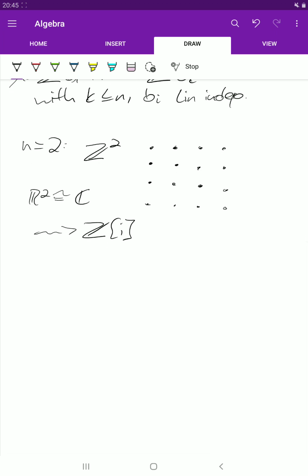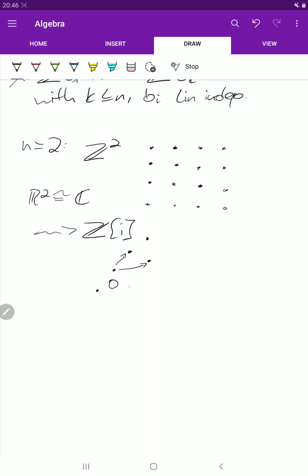Or just to give you further examples, it doesn't have to be regular like this. We could also take as our basis vectors, let's say this is 0, and then we can take these two linearly independent vectors as our basis vectors, and then it goes on like this.